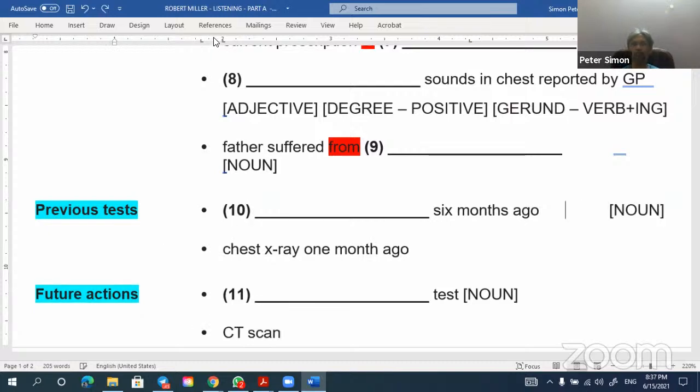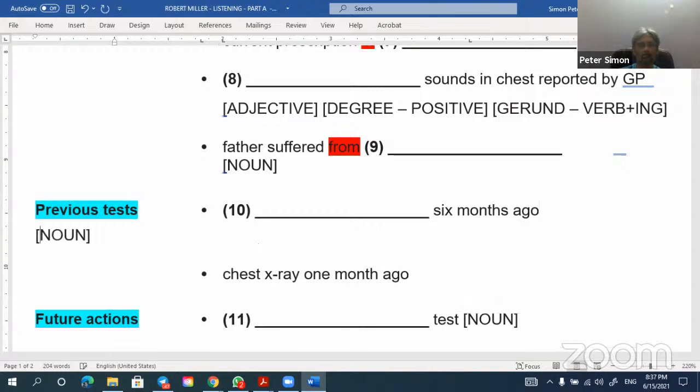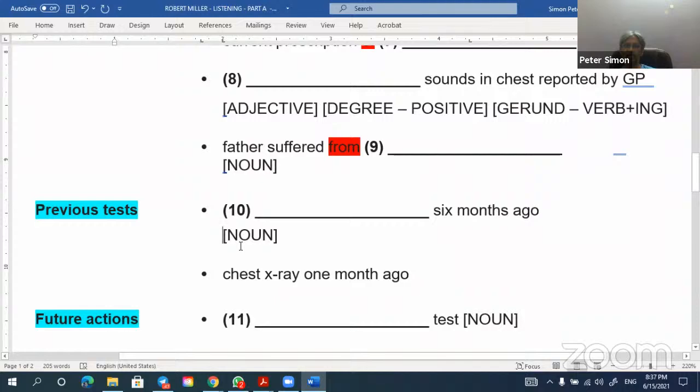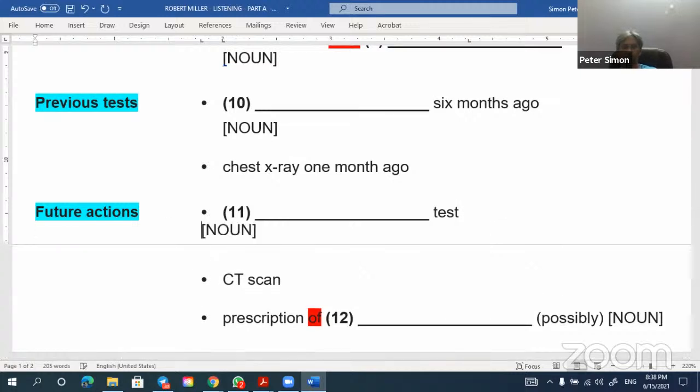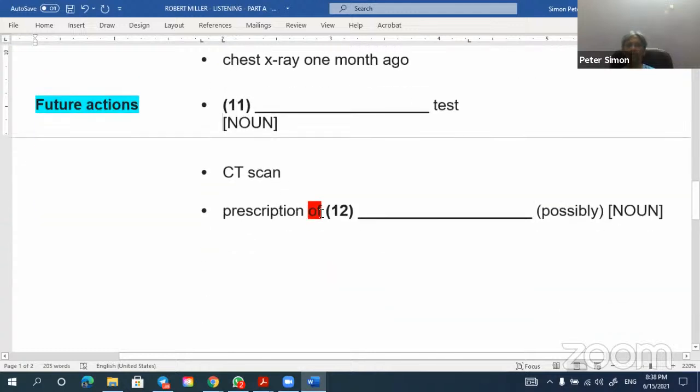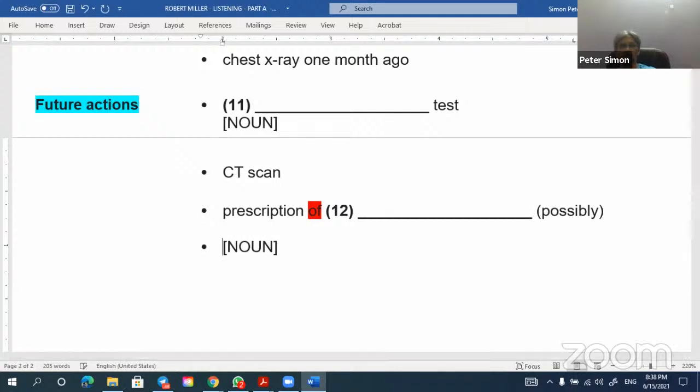Now, chest X-ray 1 month ago. Then dash test. This also is a noun. Prescription of something, so this also is a noun.